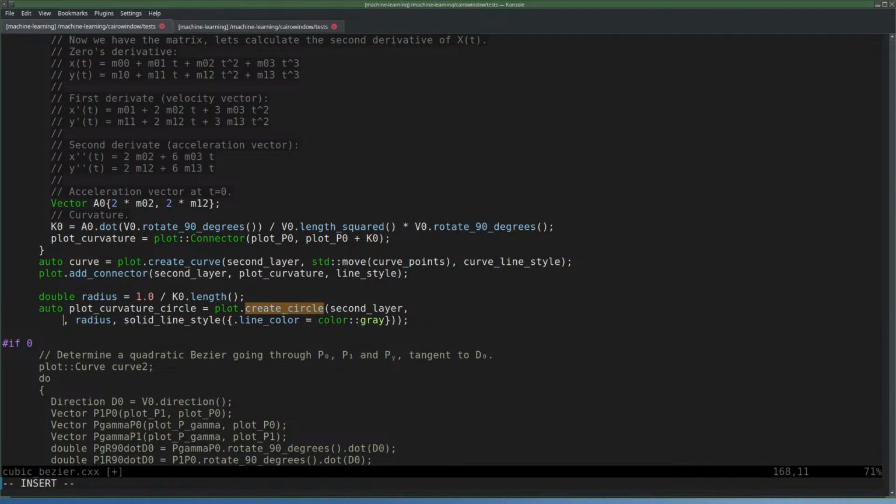And this becomes a plot p0 plus the radius times... oh, the length is already there, so there's no radius here, just add k0. Now I might as well forget about this variable.